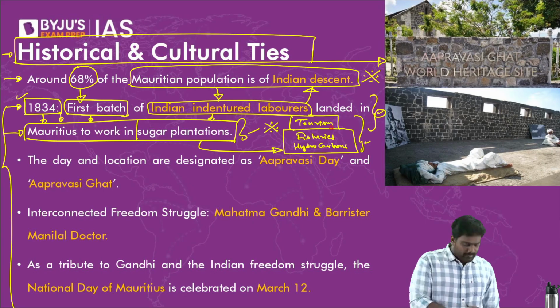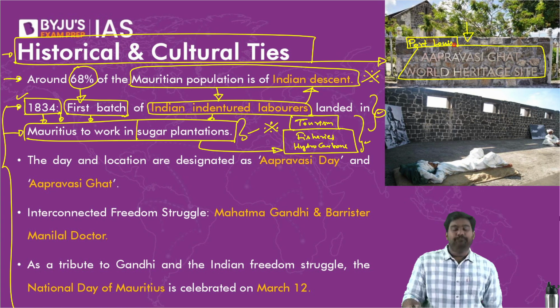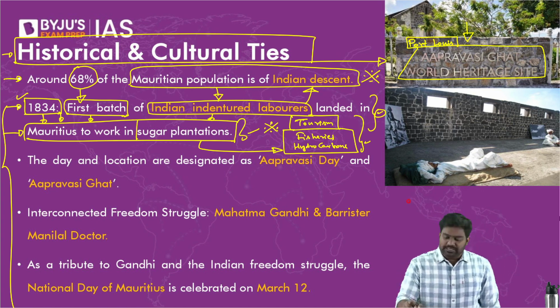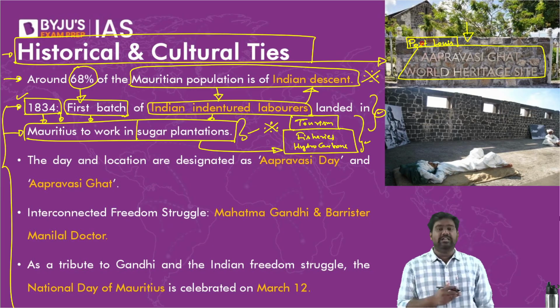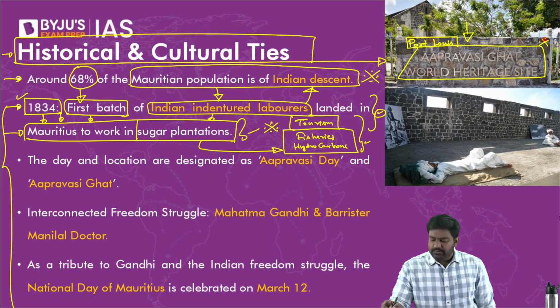So the place where Indian laborers landed, they landed at Port Louis, which is the capital of Mauritius today. All right. So this port where the Indian laborers landed, the first ship landed with Indian laborers, this is a UNESCO World Heritage Site.